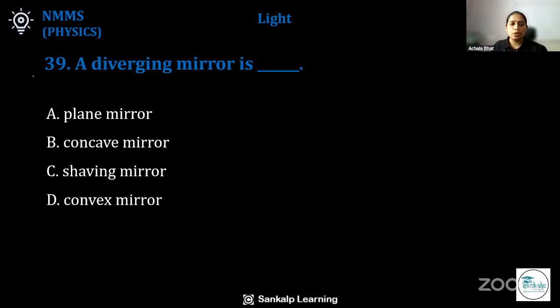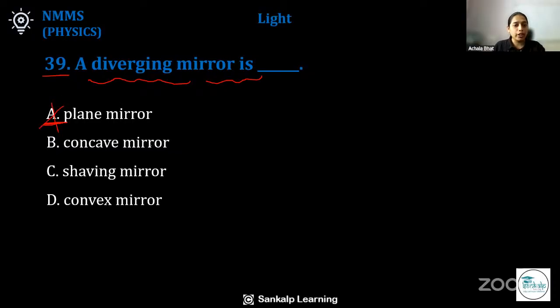Let us see question number 39 of NMMS Physics, chapter Light. A diverging mirror is dash. Diverging mirror means light rays are diverging. Option A, plane mirror. Plane mirror is not called a diverging mirror.